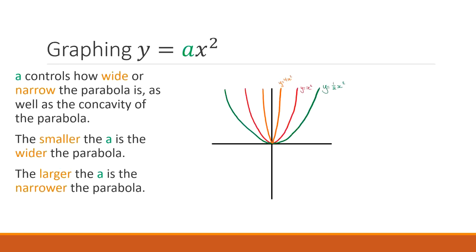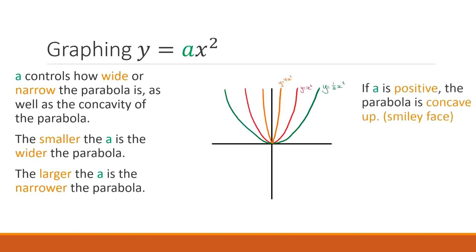The larger the number, the closer to the y-axis the parabola arms go. When we say narrower or wider, we're comparing it to our original y equals x squared. If you have a number less than 1, you get a relatively wide parabola. If you get a number greater than 1, it becomes narrower, coming towards the y-axis.